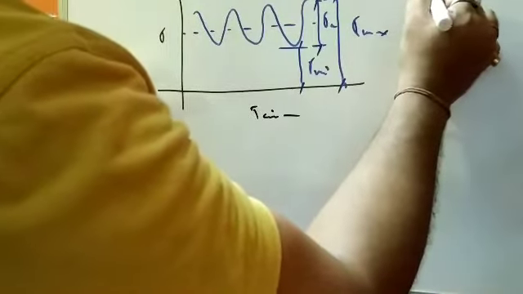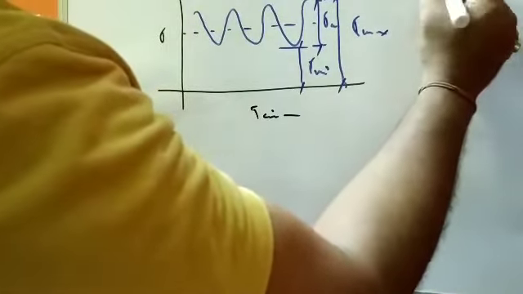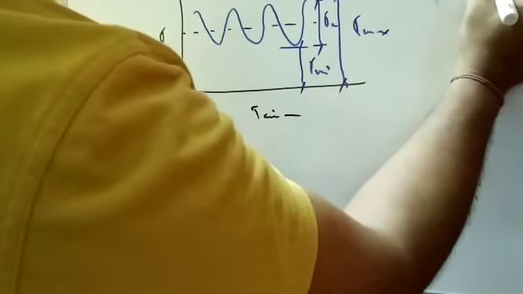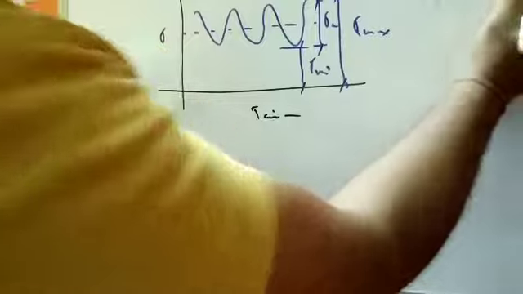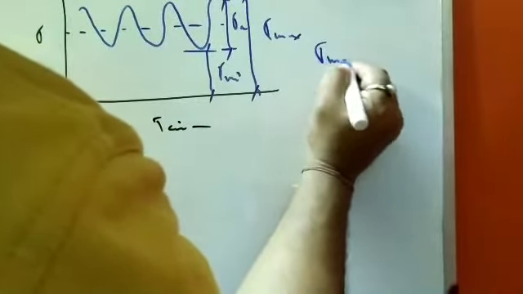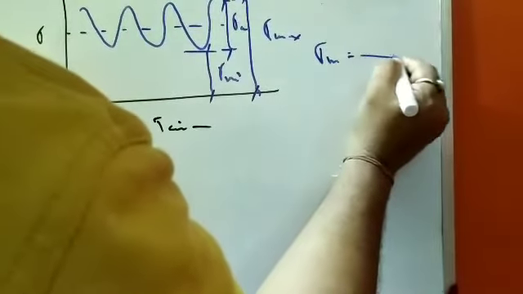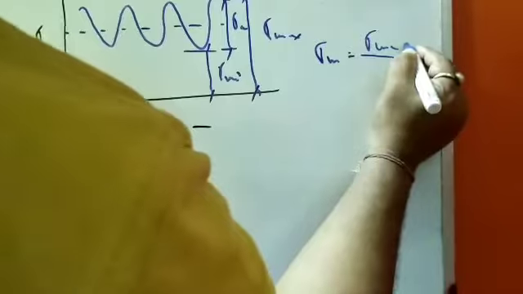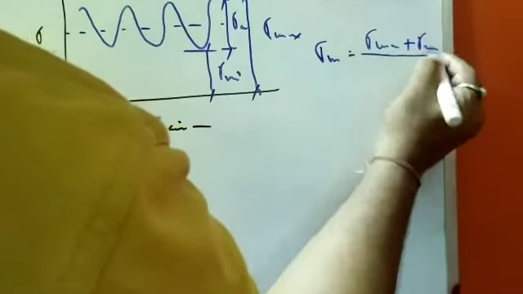Sigma mean is equal to sigma max plus sigma min by 2.